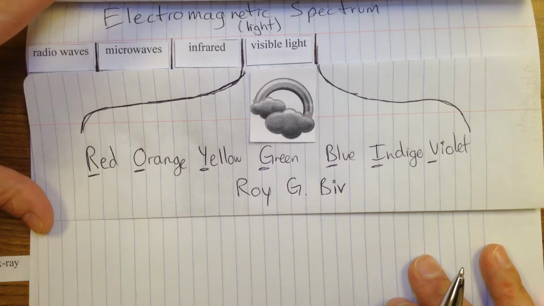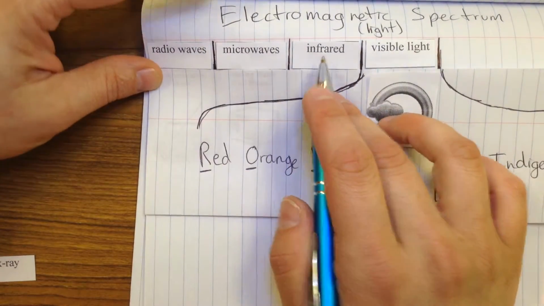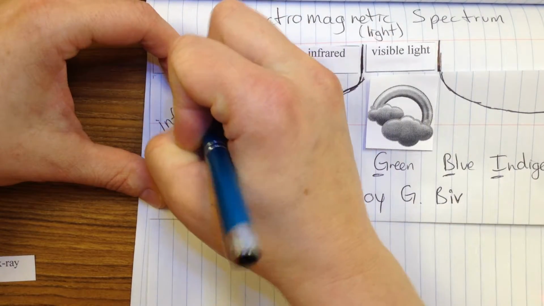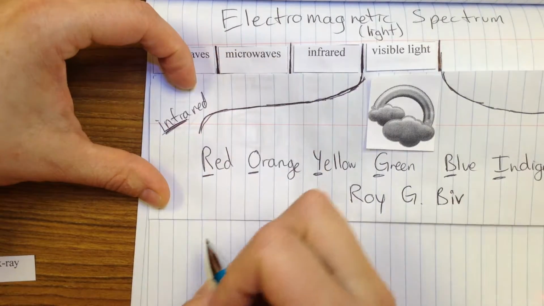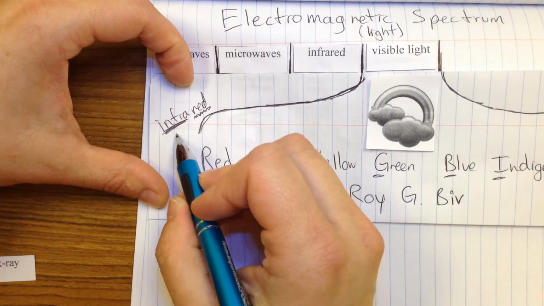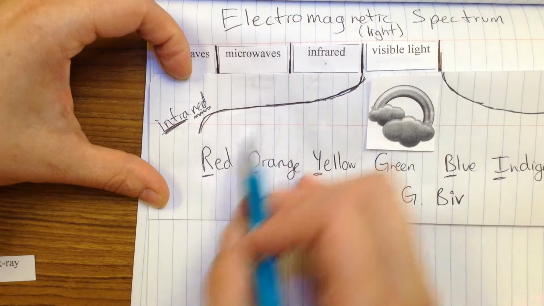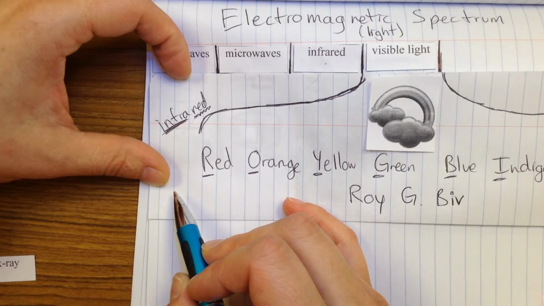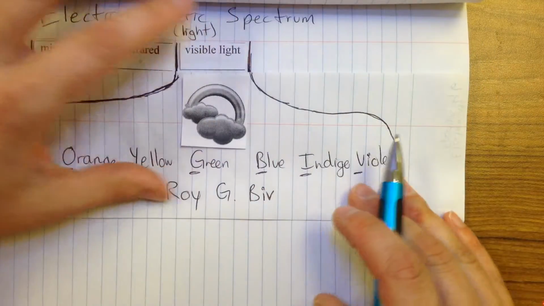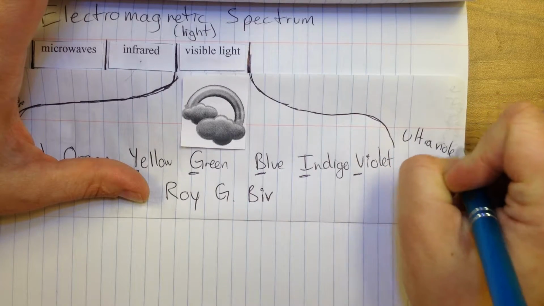Now, something I want to focus on here for a moment. Infrared. Over here, beyond red, I want you to write infrared. Underline infra. Squiggly line underneath red. Infra means below red. That's where it got the name. Infrared is just below red. Over on this end, beyond violet is ultraviolet.